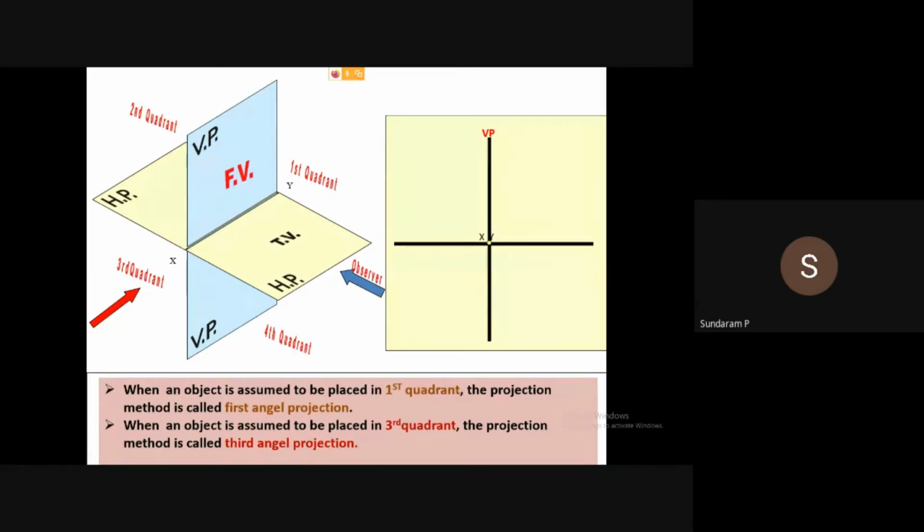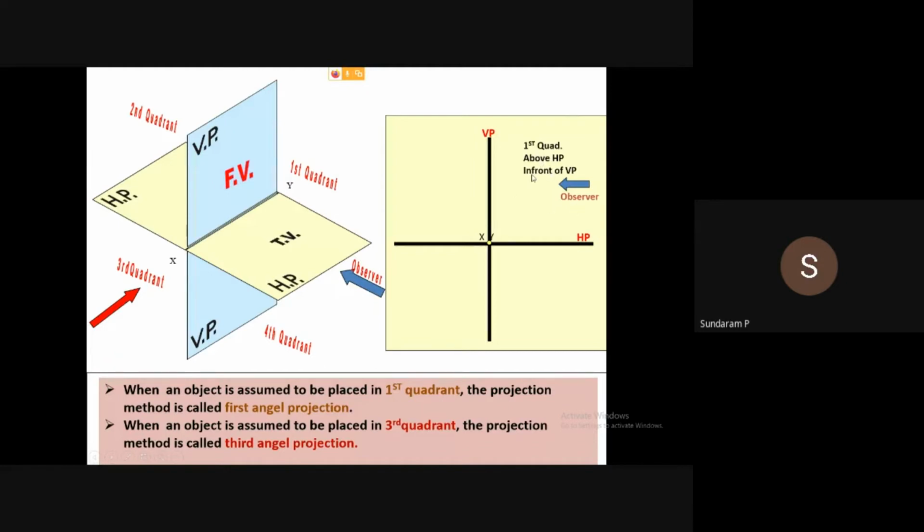Assume the horizontal line as a wall or horizontal plane, and the vertical line as a vertical plane or wall. Remember that the observer always stands on the right hand side of all the reference planes. So this is the observer location.